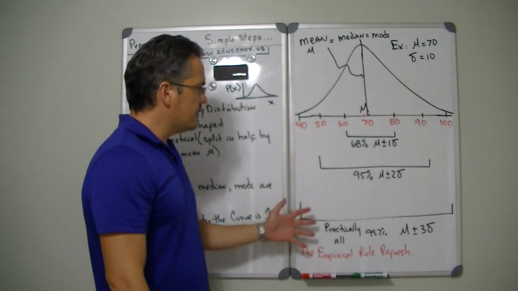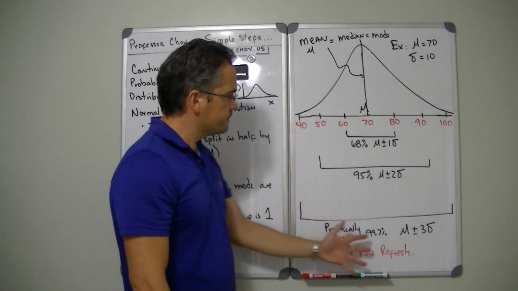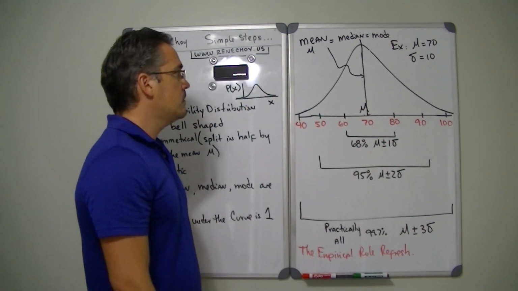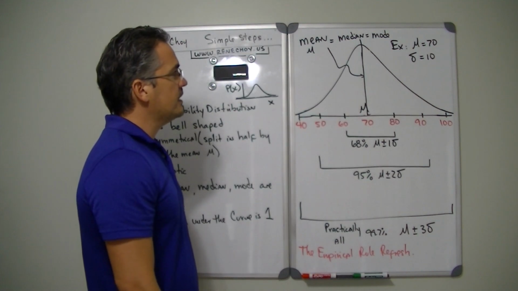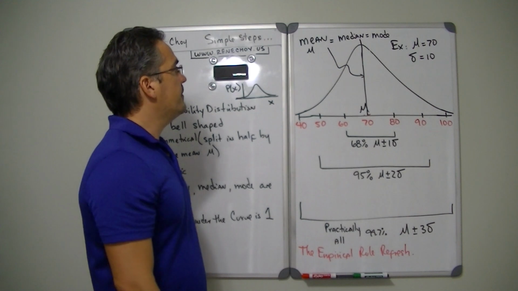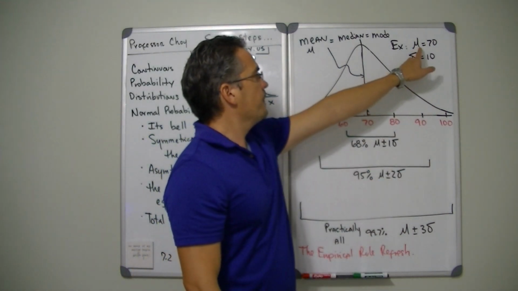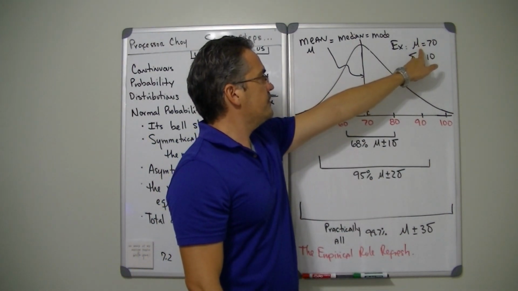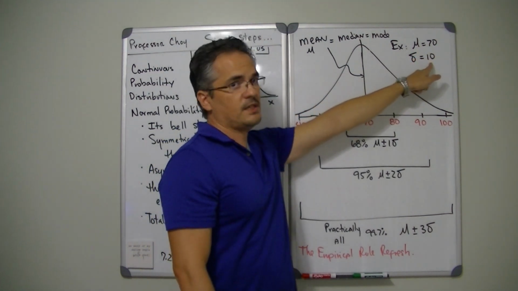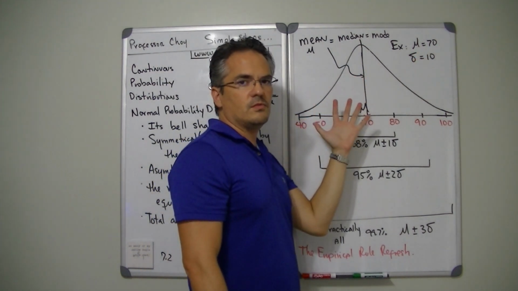Now, this right here is what we call the empirical rule, or the explanation of the empirical rule. Now, imagine, for the sake of argument, which is to understand this example, imagine that I tell you that we found that the mean of a distribution is 70 with a standard deviation of 10, and we found out that the distribution is normal.